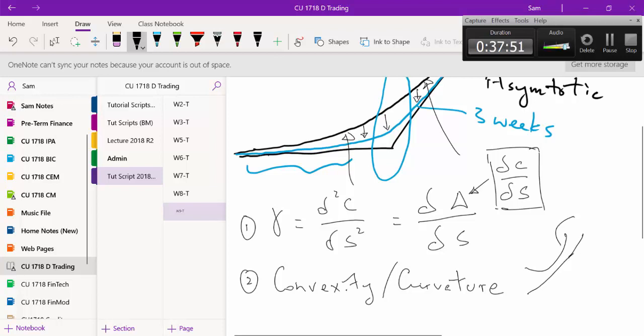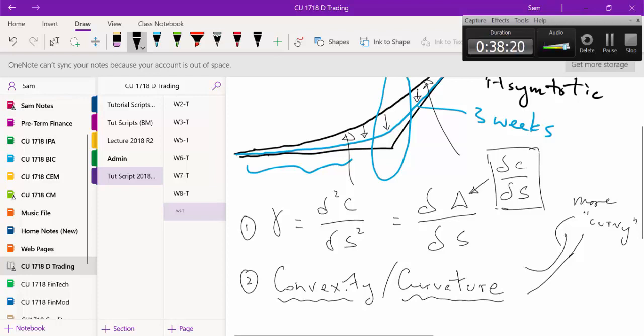It's just more curvy, isn't it? The degree of curviness. So the more curvy something is, the higher will be the convexity, or the curvature, and therefore the higher the gamma, okay?